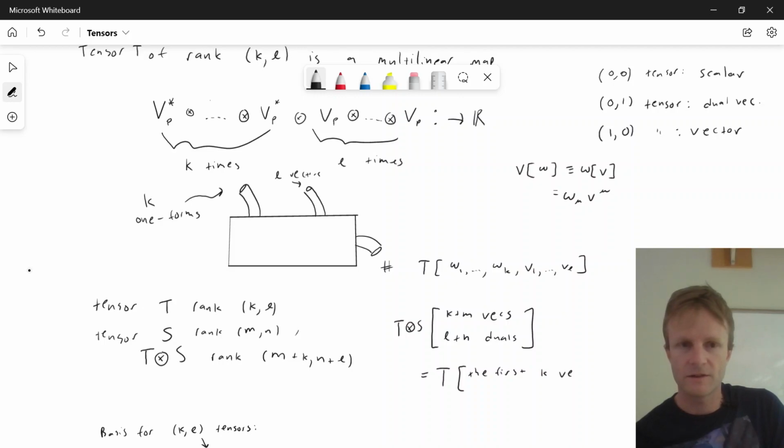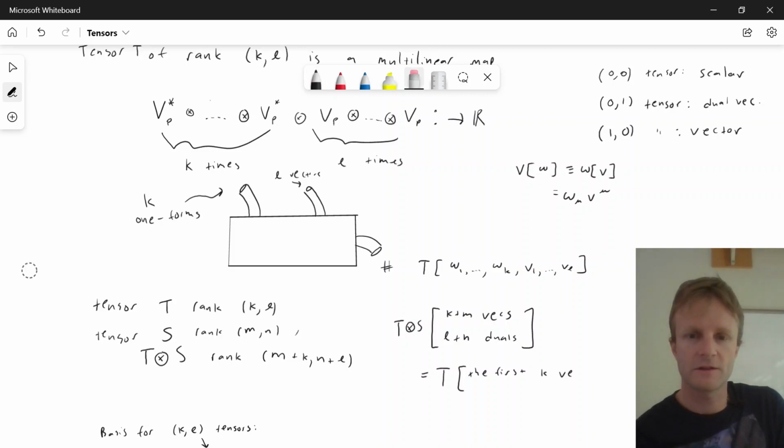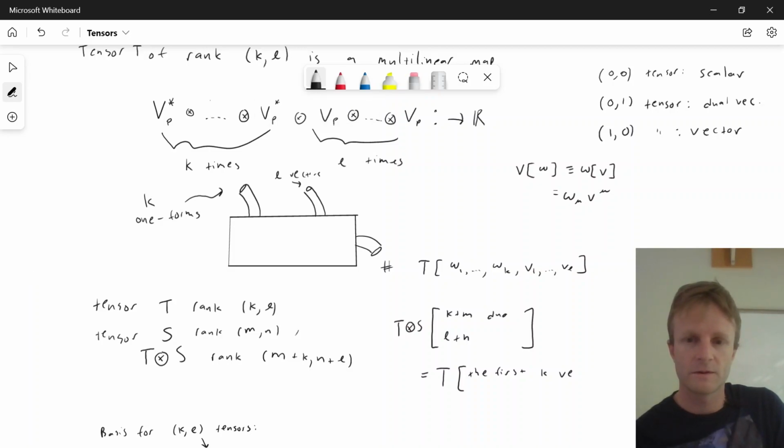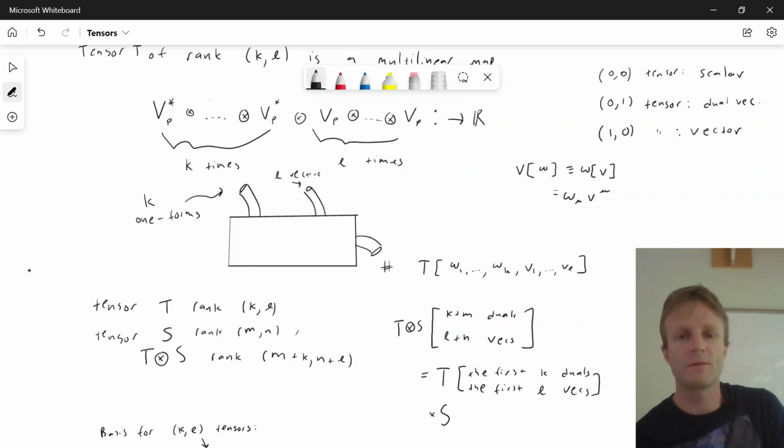K vectors. Oh, wait, I'm sorry, I have this reversed. K is the number of duals, right? If you guys notice that, you can shout it out, because the people who don't notice it will be very confused. So, right, you plug in K dual vectors in the definition. Okay, so I reversed that. So you plug in the first K duals, and then you plug in the first L vectors, and then you just multiply it by ordinary multiplication.